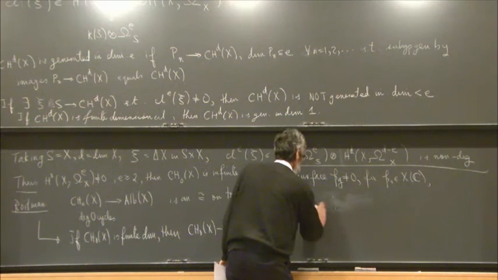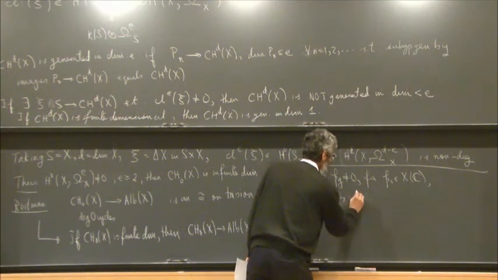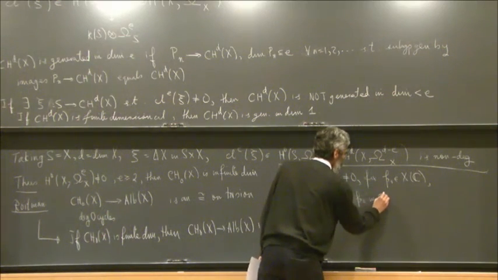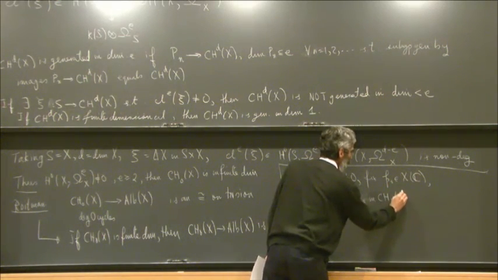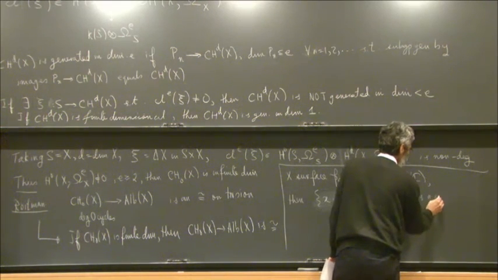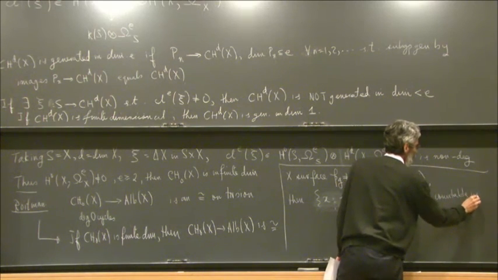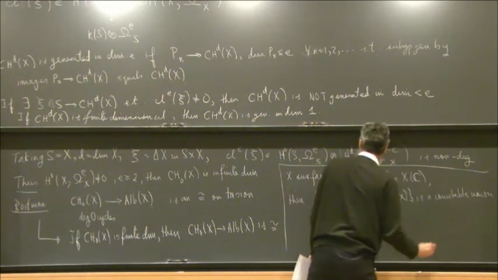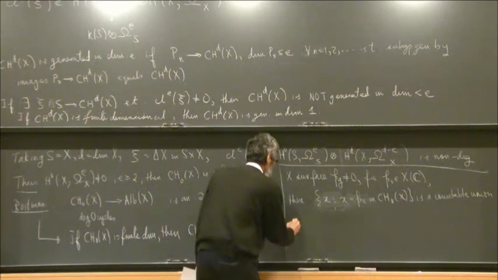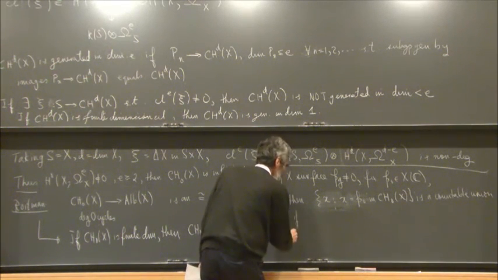The collection of x so that x equals P naught in Chow is a countable union of proper closed subvarieties of X.